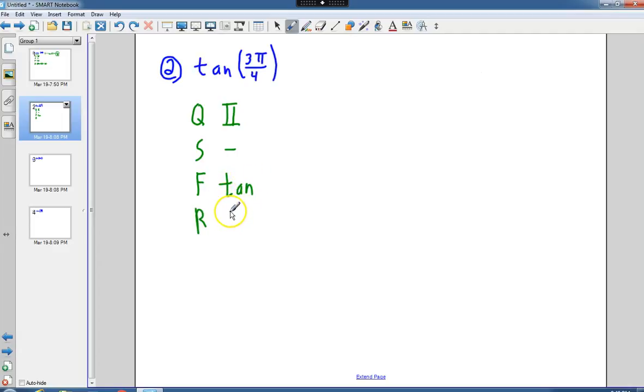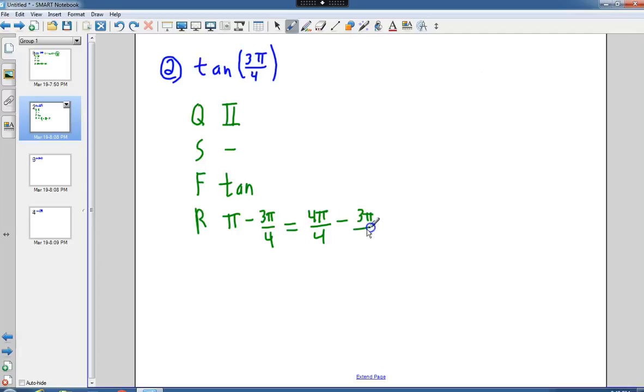And for our reference angle, since 3 pi over 4 is in quadrant 2, the reference angle calculation would be pi minus 3 pi over 4. And to help do this calculation, I would make pi into a fraction, and not only a fraction, but a fraction with the same denominator as 3 pi over 4, and that would be 4 pi over 4.